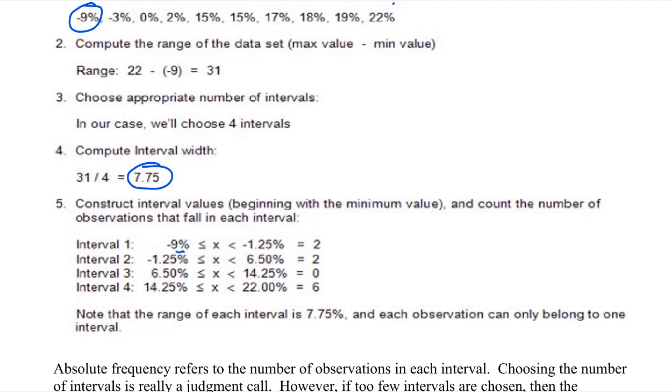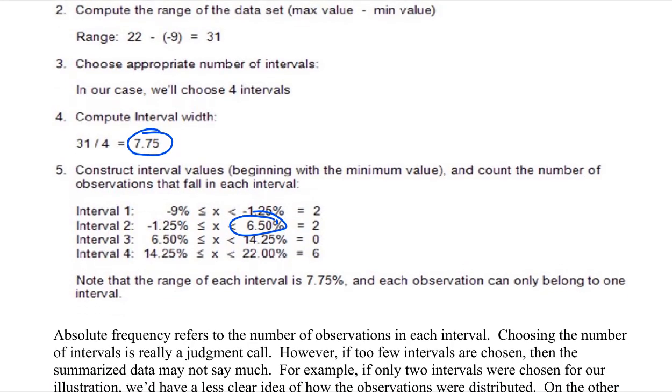And then we keep repeating. The second interval picks up where the first interval left off, and again, we add 7.75, and we get this 6.5 figure over there. And then the process just keeps repeating. Let me just finish it. So interval 2 stops there.